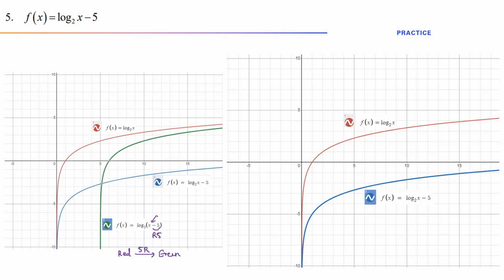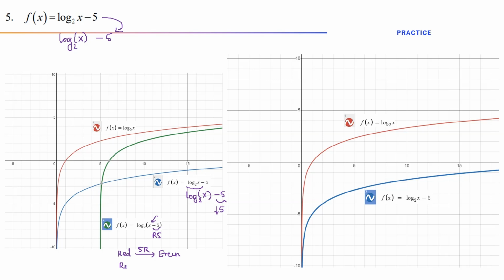When we write like this, it means log base 2 of x and then we minus 5. So that minus 5 means go down 5 units.